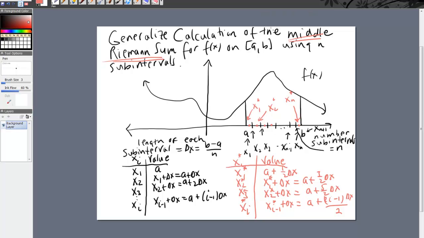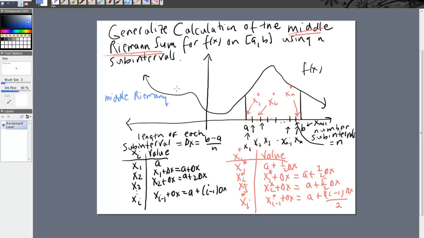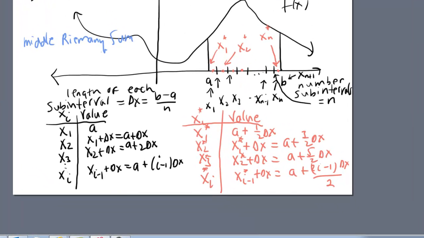Now finally, to calculate the middle Riemann sum, let's put it over here since we run out of room. The middle Riemann sum is equal to the summation i equals 1 to n of f of x sub i star times delta x sub i.